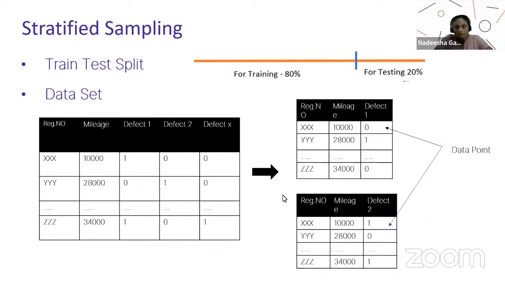Let's say, for example, we have a data set which has defects of a vehicle against its mileage. From that main data set, the dev team divides it again into data points, as you see in this diagram according to the example I have taken.